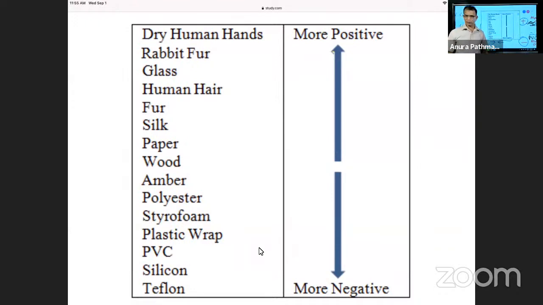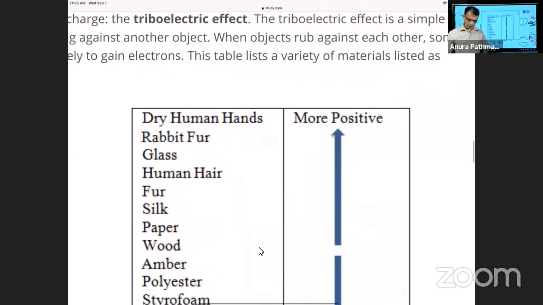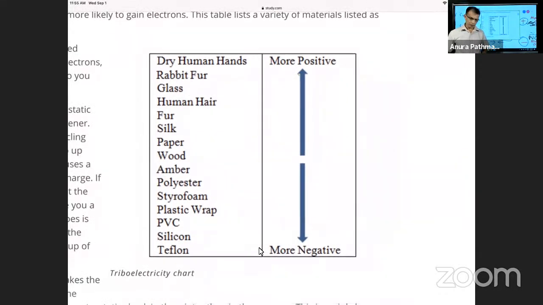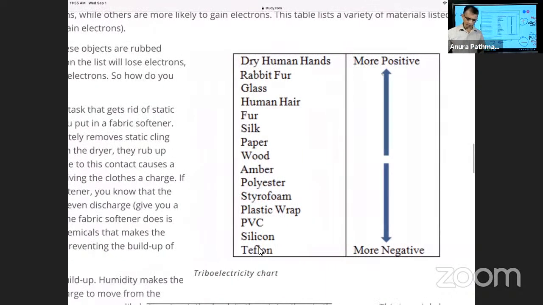If you want you can take a screenshot of this. What is the Teflon? Teflon is Teflon. Non-stick saucepans are made by Teflon. It's artificially made.